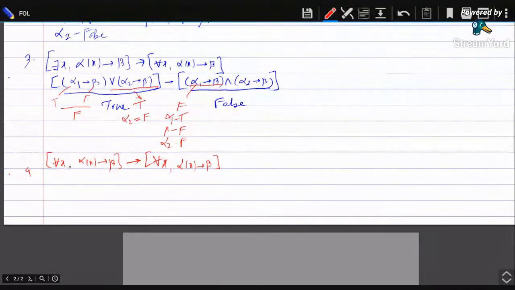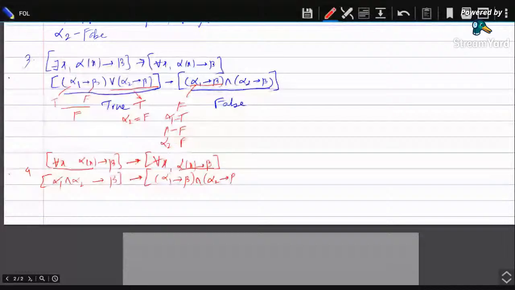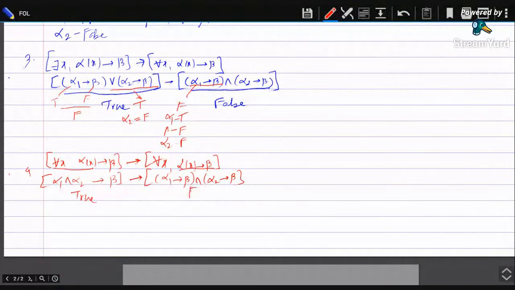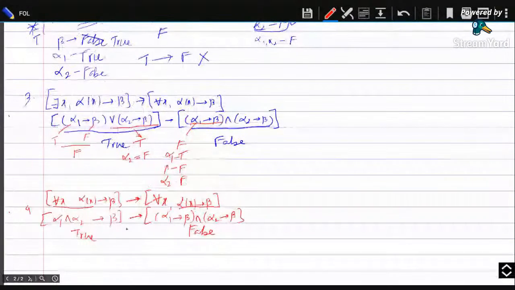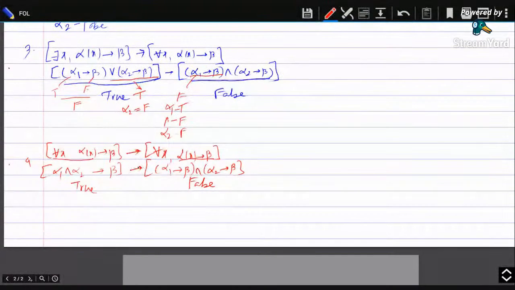Only thing is there is no comma here, that means this is connected. There is a comma here, that means this is connected. So it says alpha 1 implies beta and alpha 2 implies beta. What do you want? Left hand side to be true, right hand side to be false. That's the easiest way of disproving that this condition is true.